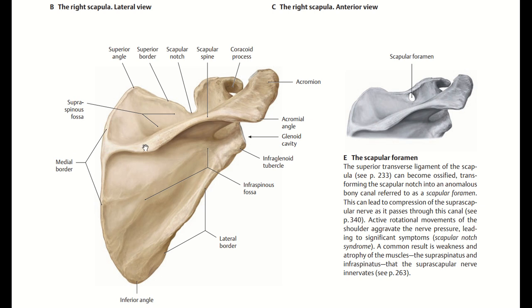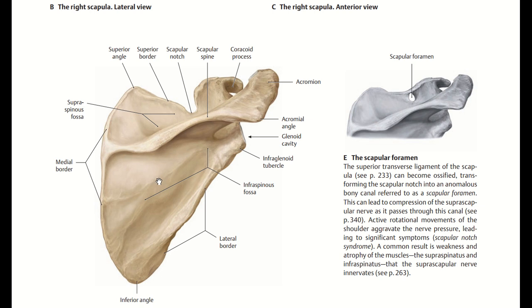The spine of the scapula will actually divide your scapula into supraspinous fossa and infraspinous fossa. Supraspinous fossa is going to be attached by a muscle called supraspinatus, which we spoke of in our humerus osteology.